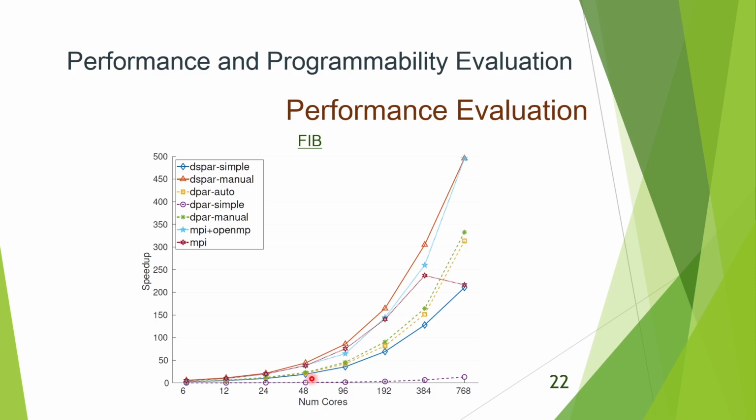The manual implementation using MPI performs well up to 384 cores, at which point performance degrades. As expected, the use of MPI combined with OpenMP improves this and allows it to compete with our solution, matching the performance even when we use 768 cores.